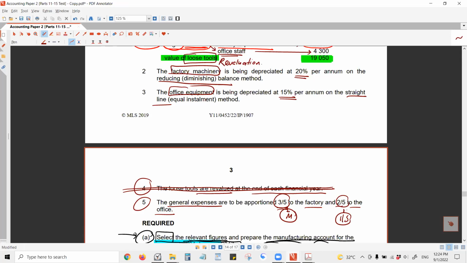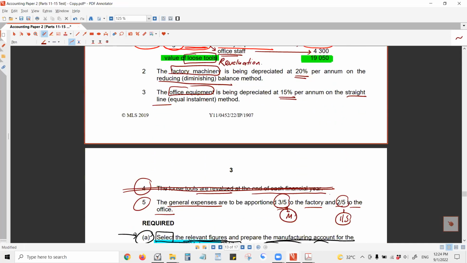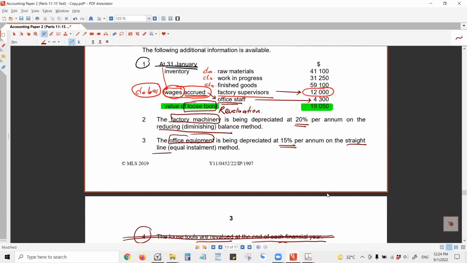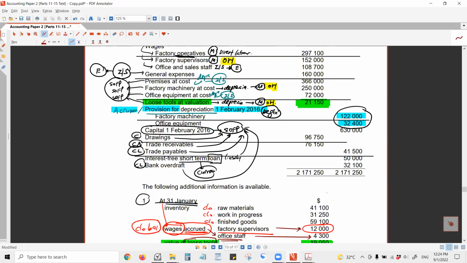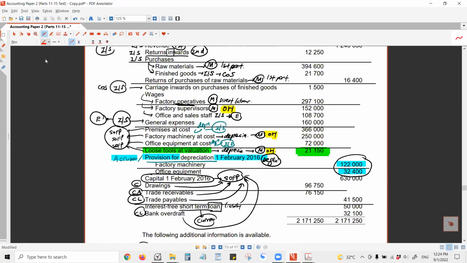Let's write it down on the first page. 3/5 factory, 2/5 office, 3/5 for the manufacturing.